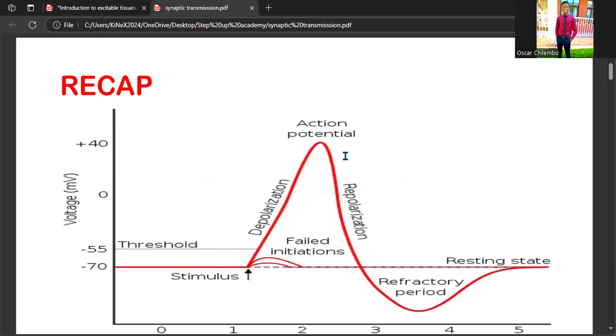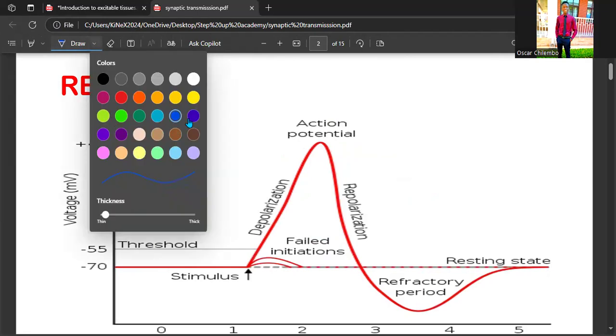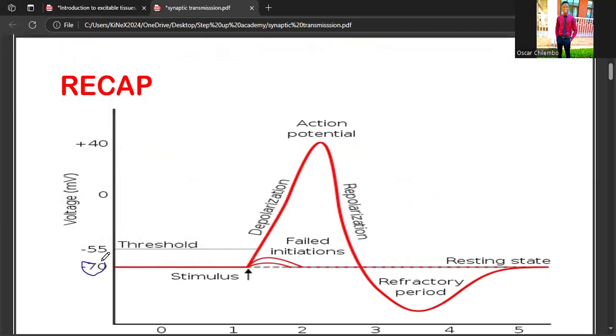Okay, this was just a recap of the previous tutorial on how an action potential is generated from the resting membrane potential. Here, the resting membrane potential reaches a threshold, depolarization occurs, then overshoot occurs, it reaches a membrane potential of +40, then repolarization starts occurring here.